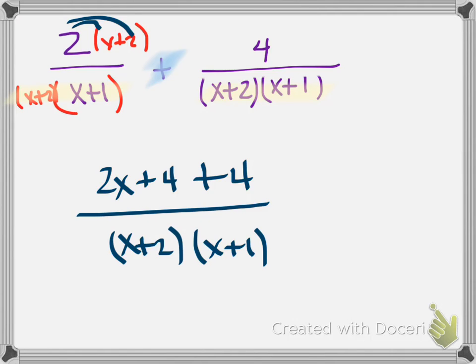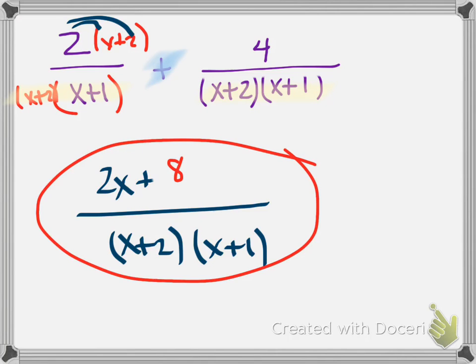These two things here are like terms, so 4 and 4, 4 plus 4 is actually 8. So our final answer, 2x plus 8, all over x plus 2 times x plus 1.